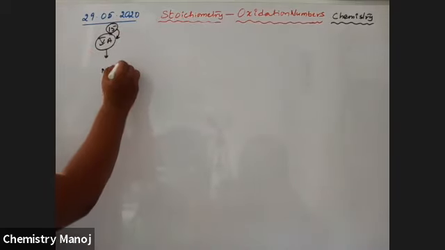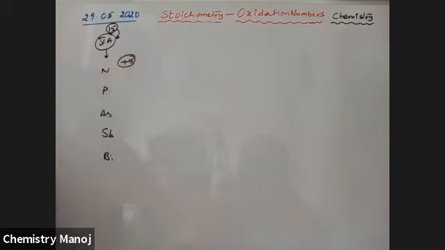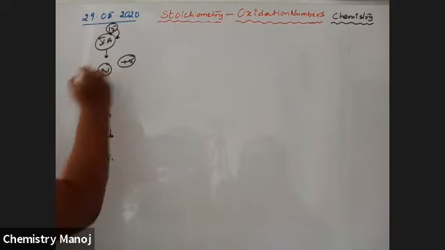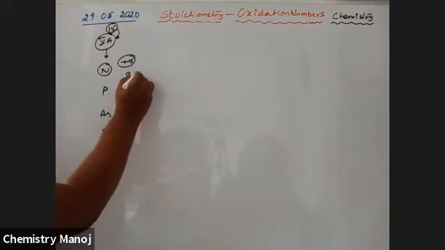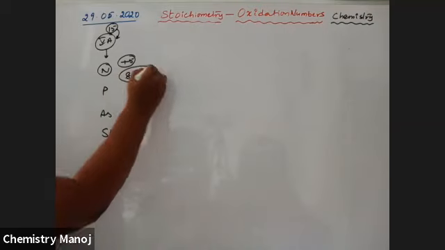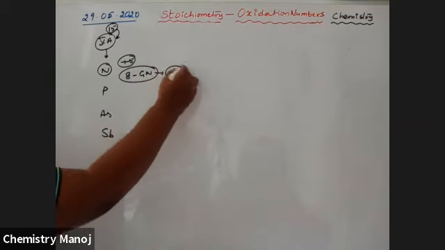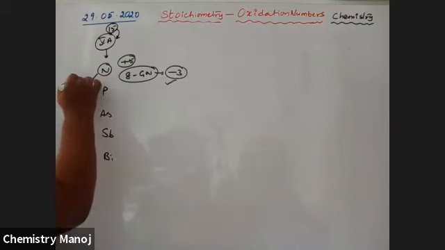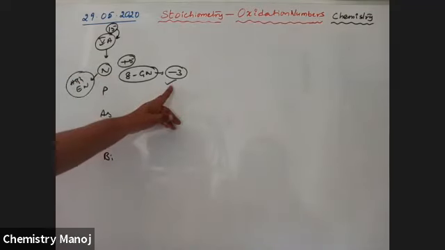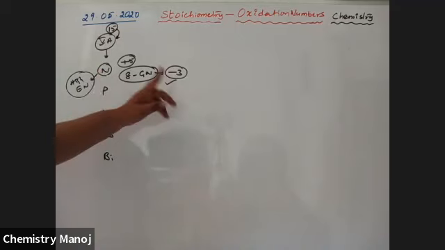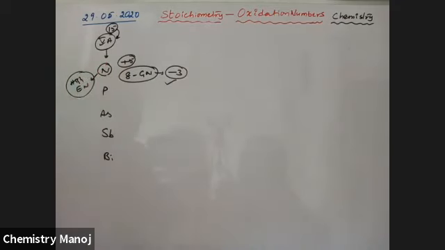For these elements, highest oxidation state is plus 5, fixed. But because nitrogen is the third most electronegative element, 8 minus group number is also an oxidation state. That is minus 3 is also possible, because it is a highly electronegative element. For highly electronegative elements, negative oxidation states are also possible. Nitrogen also exhibits minus 3, but never exceeds plus 5. Plus 6 for nitrogen is not possible.